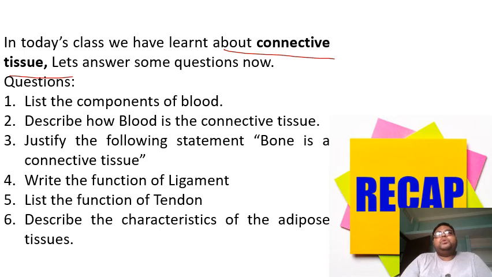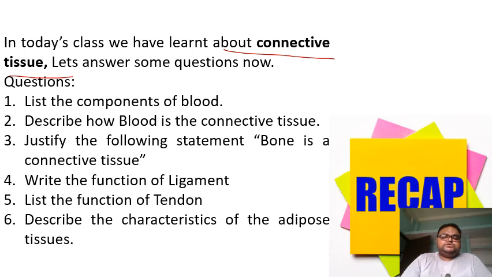Okay. So what are the characteristics of the adipose tissue? Adipose tissue is present in between our skin and the muscle, and it provides insulation. And why does it provide insulation, students? Because of the presence of fat globules.